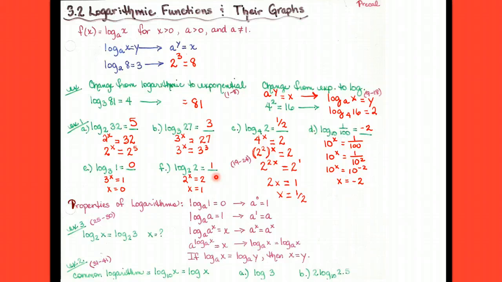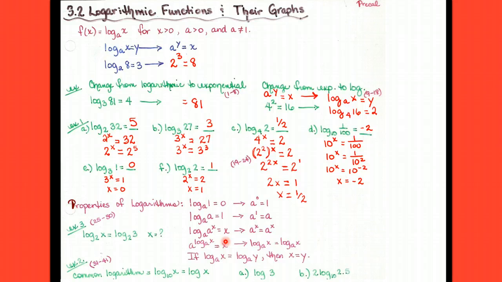So let's look at a couple more properties. If exponentials and logarithmics are inverses of each other, which they are, then remember we learned about inverses that if you do a composition of those functions, they undo each other and just take you back to what you started with. They take you back to x. And so that's what we see for our next two properties here. If you take the log of an exponential, their bases have to be the same. They will undo each other and just leave you with x.